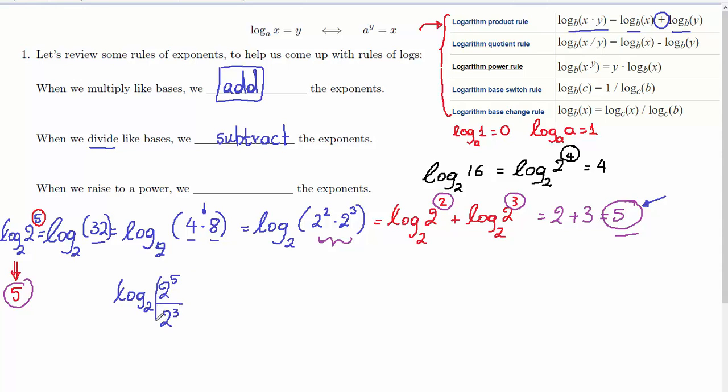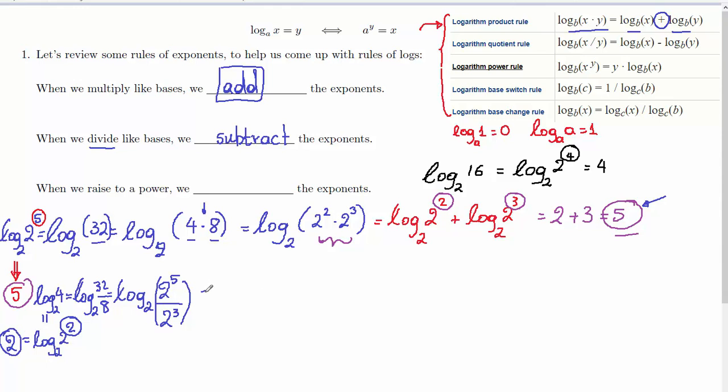Let's look at this. This is nothing else than log with base 2 of 32 divided by 8. 32 divided by 8 is nothing else than 4. So what I have basically is log with base 2 of 4. But this is the log with base 2 of 2 squared. So this is equal to the exponent, and this is equal to the number 2.